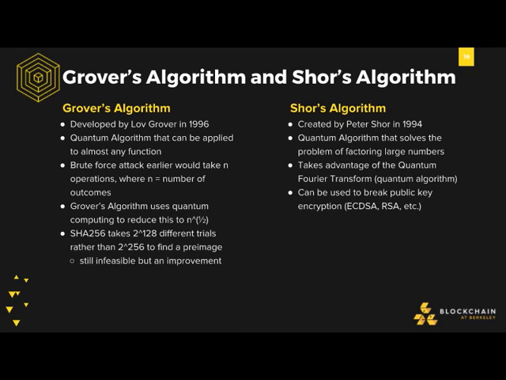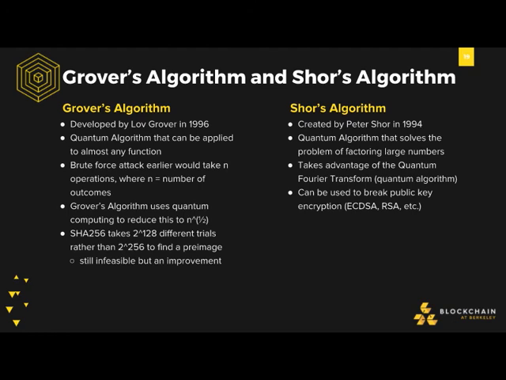A brute force attack to invert it, given an output, would be to run through all the different inputs until you reach one that maps to the output. In the worst case, you'd have to run through all the different possibilities of SHA, which would be 2 to the 256.